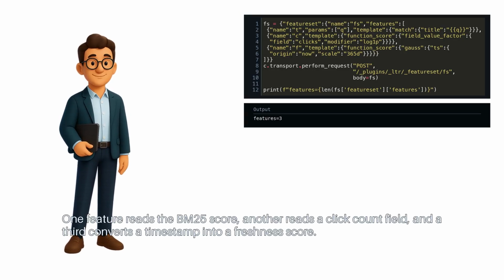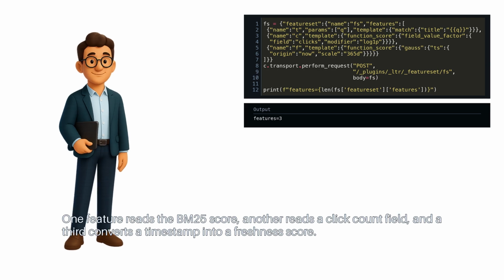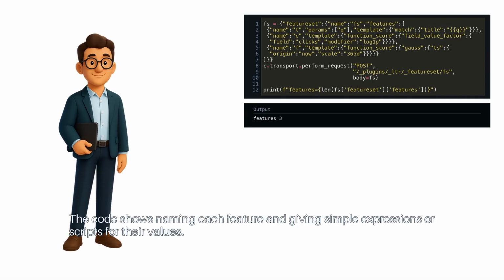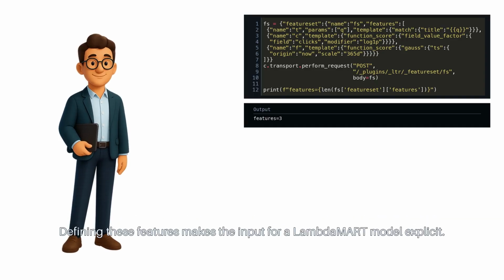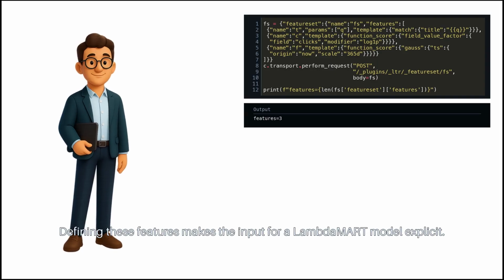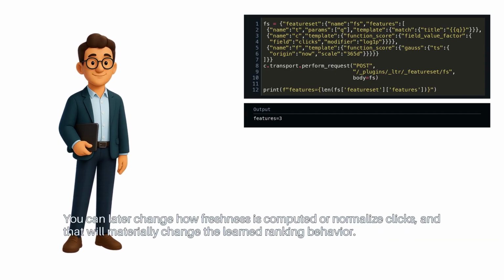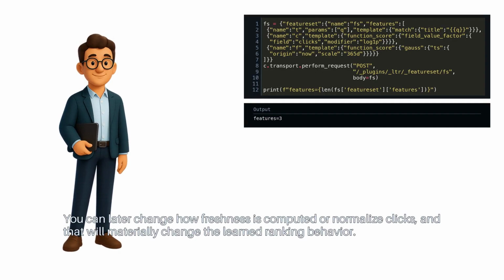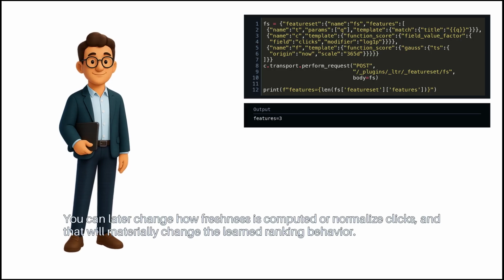One feature reads the BM25 score, another reads a click count field, and a third converts a timestamp into a freshness score. The code shows naming each feature and giving simple expressions or scripts for their values. Defining these features makes the input for a LambdaMART model explicit. You can later change how freshness is computed or normalize clicks, and that will materially change the learned ranking behavior.